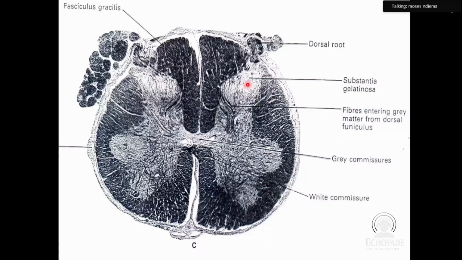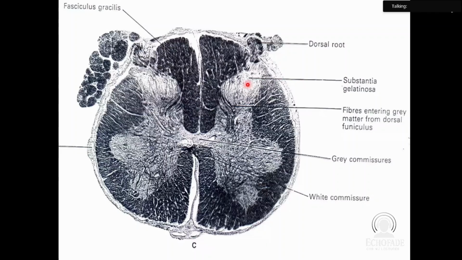Motor information to the body, and also motor information to the organs. Each spinal nerve will be carrying some autonomic fibers to the sweat glands in the body. We'll be looking at that when we look at the autonomic nervous system.